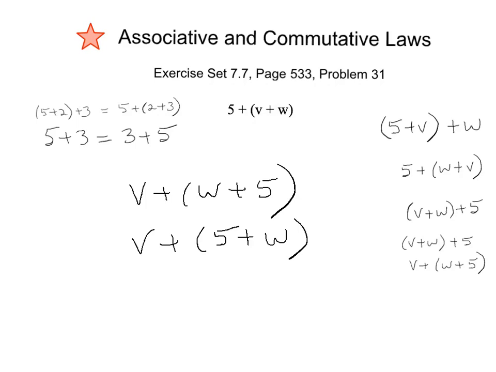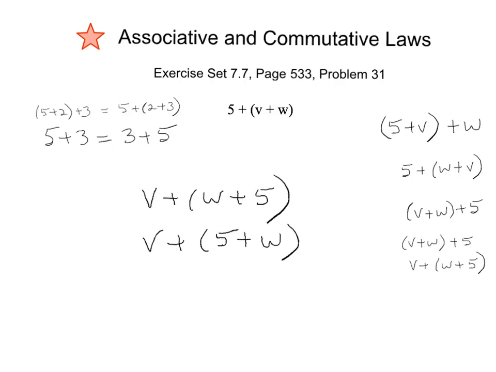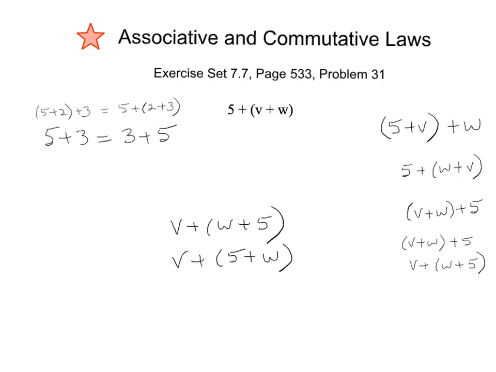So we could say then that V + (5 + W) is an equivalent expression to this expression, which is an equivalent expression to this expression, our original question. So we have now a fifth equivalent expression. And I could certainly continue, but I think you got the idea.